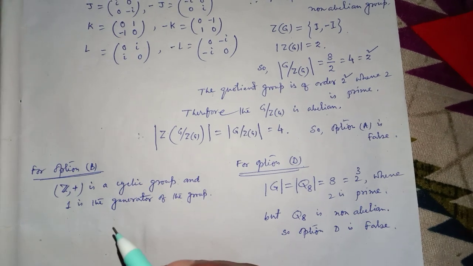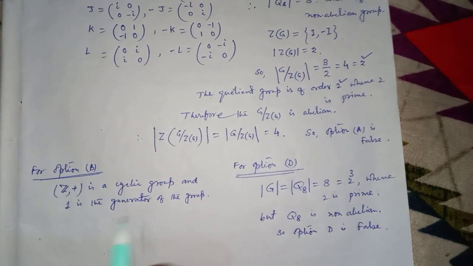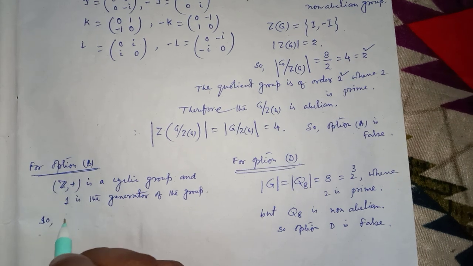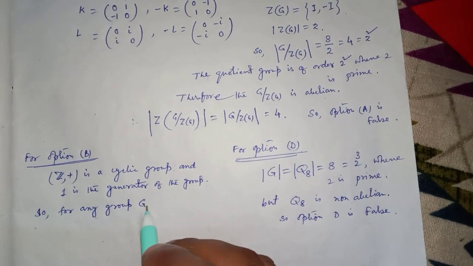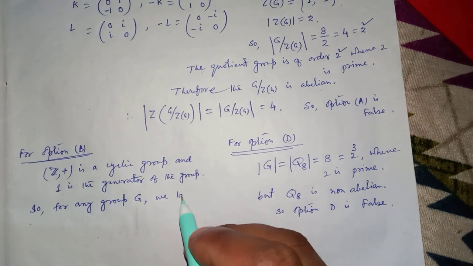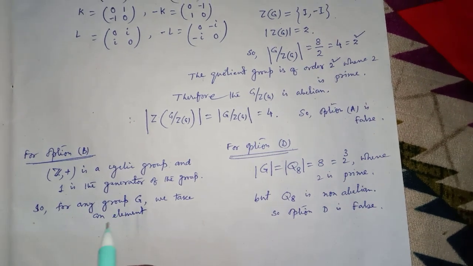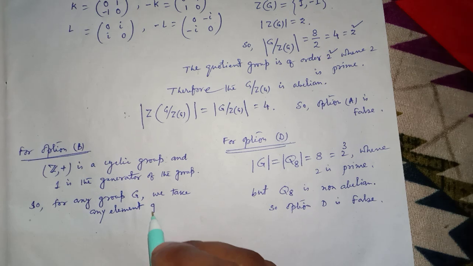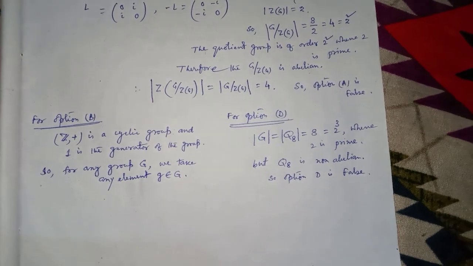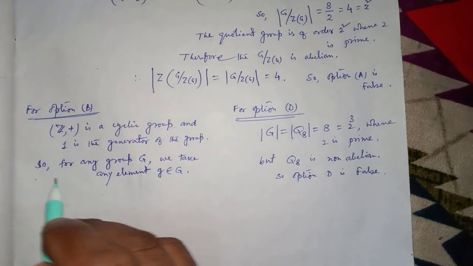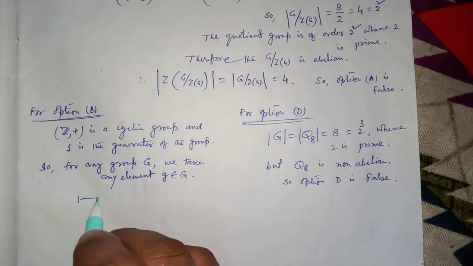So for any group G, we take any element g belonging to G, and the generator 1 goes to g.